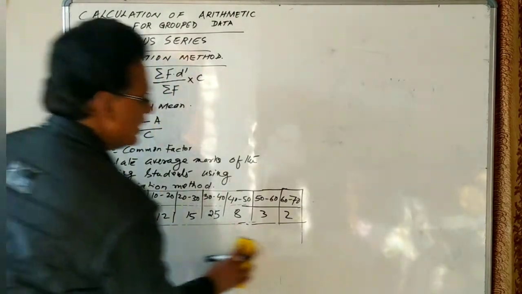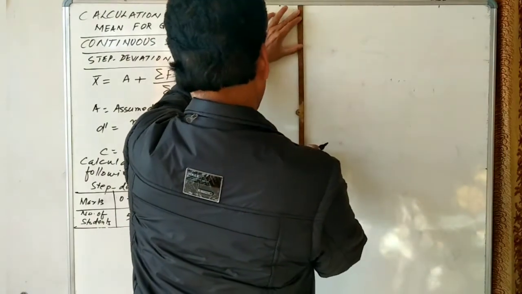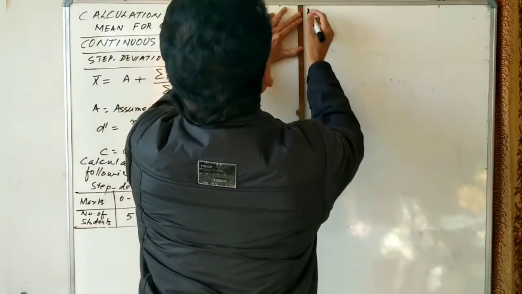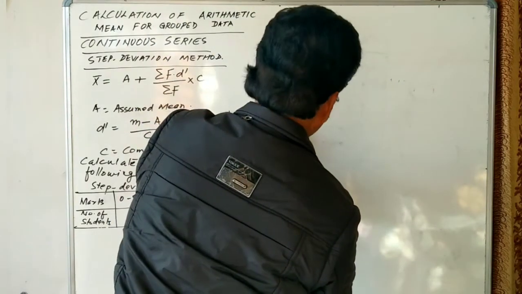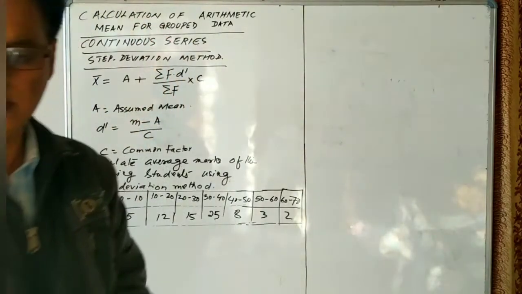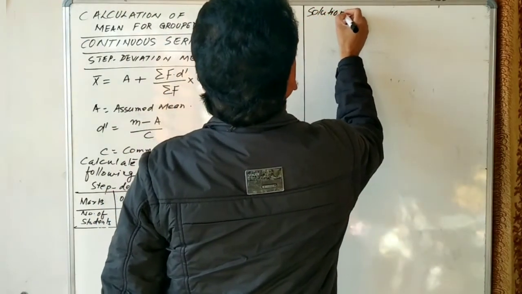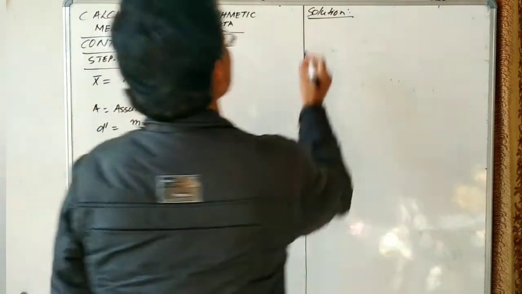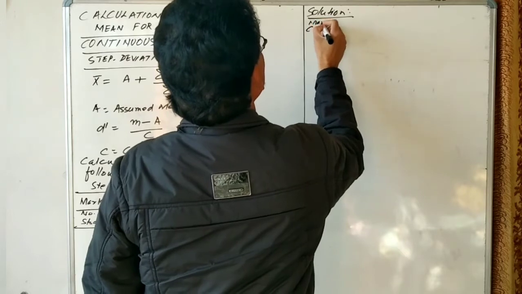We have to calculate arithmetic mean. So you know we can calculate the arithmetic mean using a step deviation method. So we can draw one line over here. So let us see the solution. Here class intervals are already given.